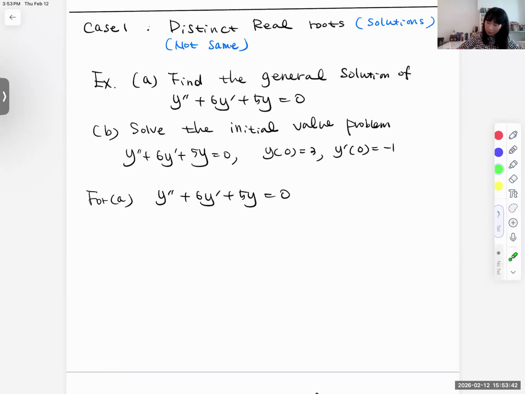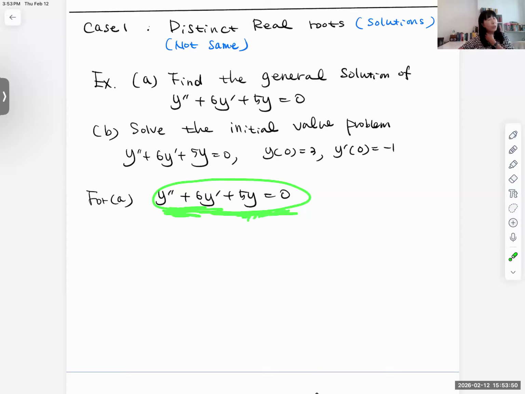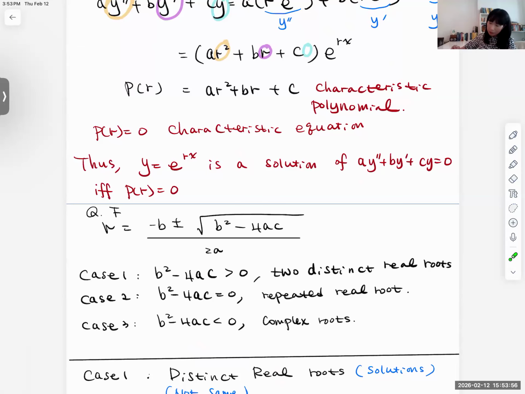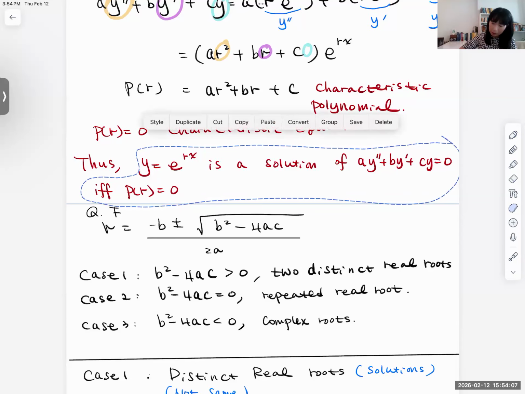So we have the linear second order differential equation, yeah? Then we can set it up, right? If they have equal to 0, then there is a solution, right? Okay, so copy.